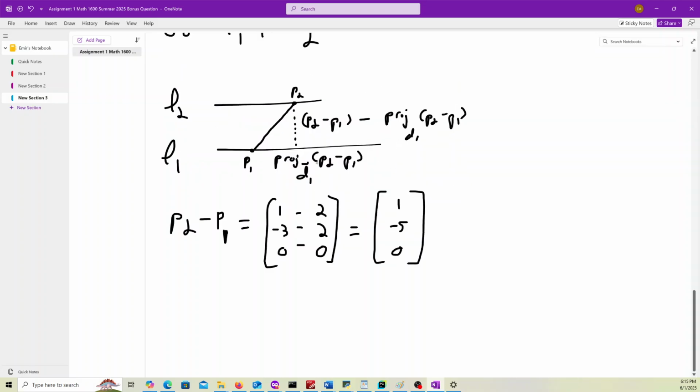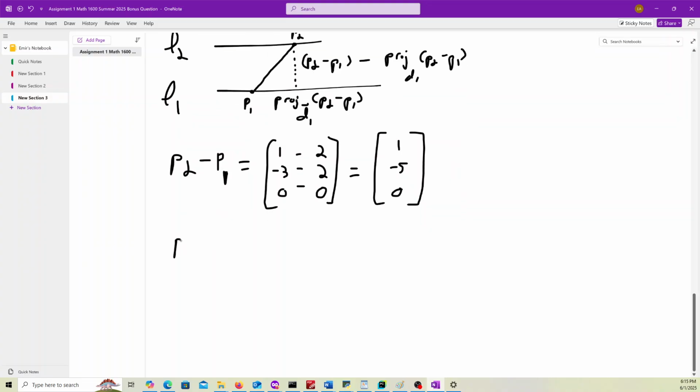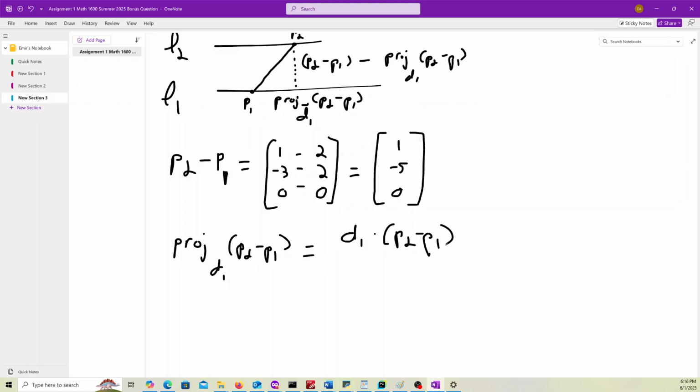Now let's find the projection vector of P2 minus P1 onto D1. So to remind ourselves of the equation, the projection vector of P2 minus P1 onto D1 is of the form D1 dot product P2 minus P1, then we take the dot product of D1 dot D1.